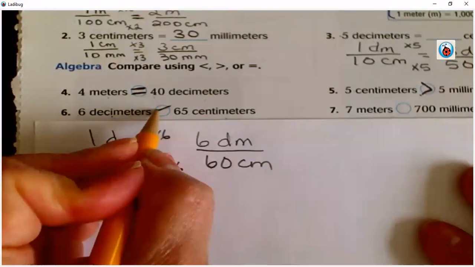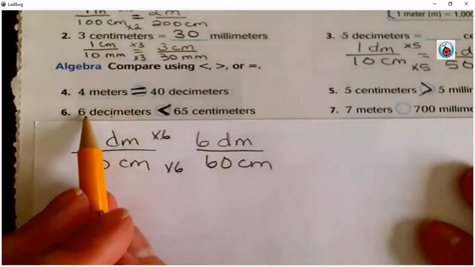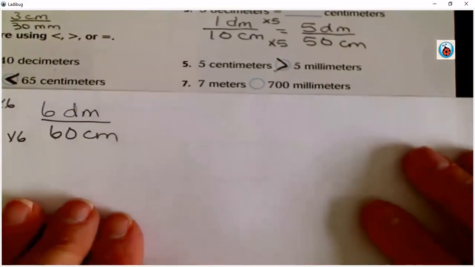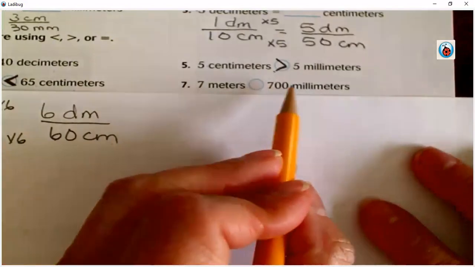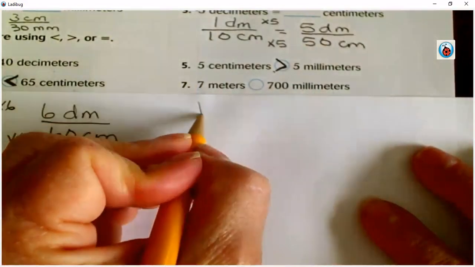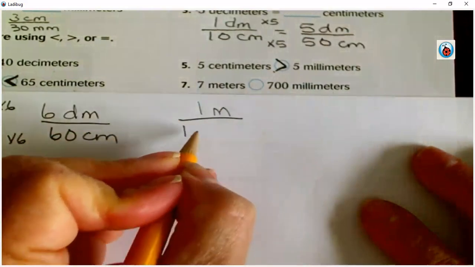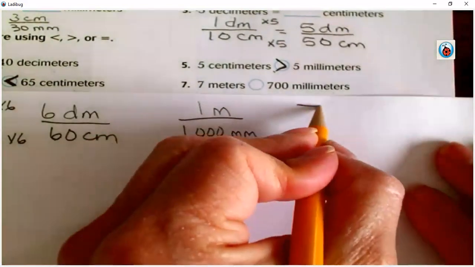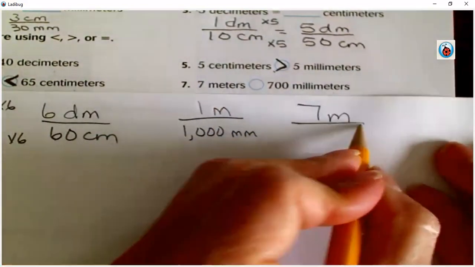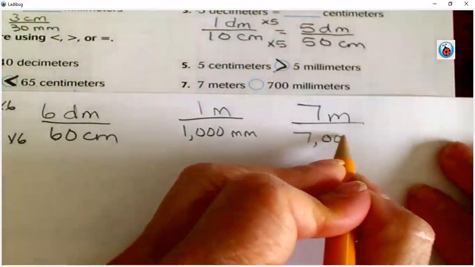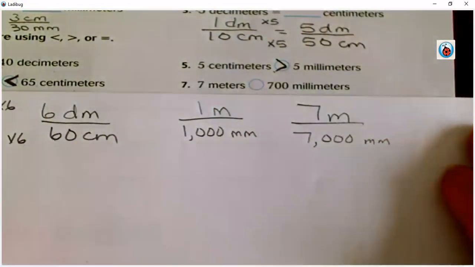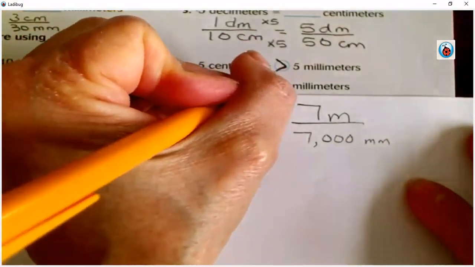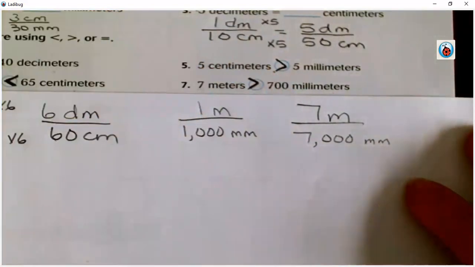So 65 centimeters is bigger than 6 decimeters. 7 meters, 700 millimeters. In 1 meter, there should be 1,000 millimeters. So in 7 meters, there should be, you guessed it, 7,000 millimeters. This says only 700 millimeters. So clearly, 7 meters is bigger.